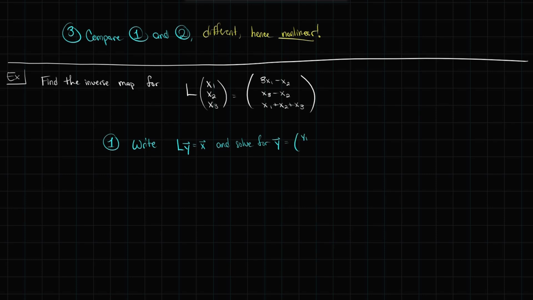but really that means in this case solve for y1, y2, y3. So L of y1, y2, y3 equals x1, x2, and x3. That's going to give me the output, but in y's: 3y1 minus y2, y3 minus y2, and y1 plus y2 plus y3 is equal to x1, x2, x3.